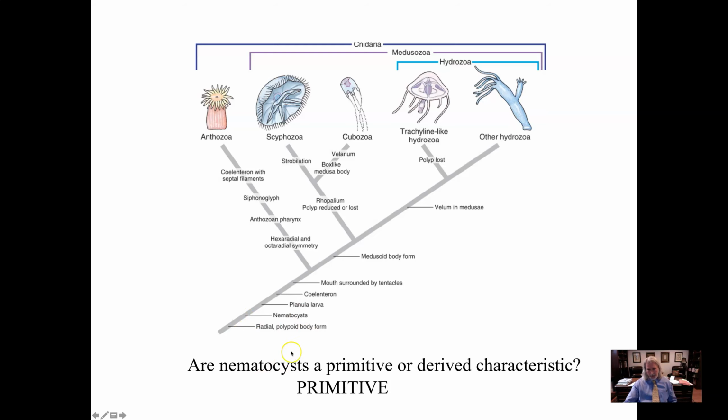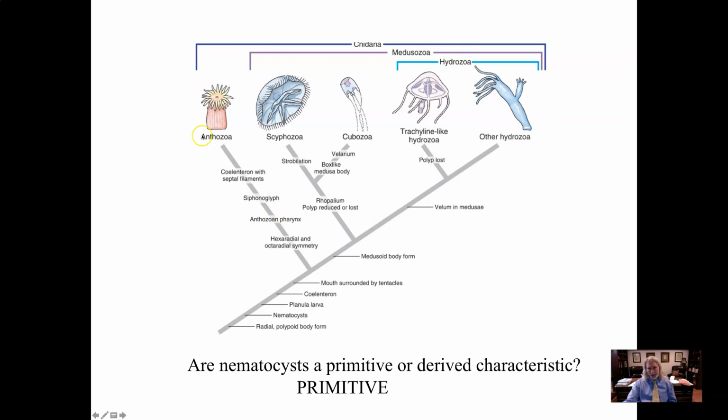It's towards the bottom of the phylogeny. So the ancestor had nematocysts. Everything above it has nematocysts as well. And what we're going to see is the cnidarians, that's one of the characteristics that separates them out from all the other animals, is they have these nematocysts. It's not in the slides, but I think it's in your outline notes.